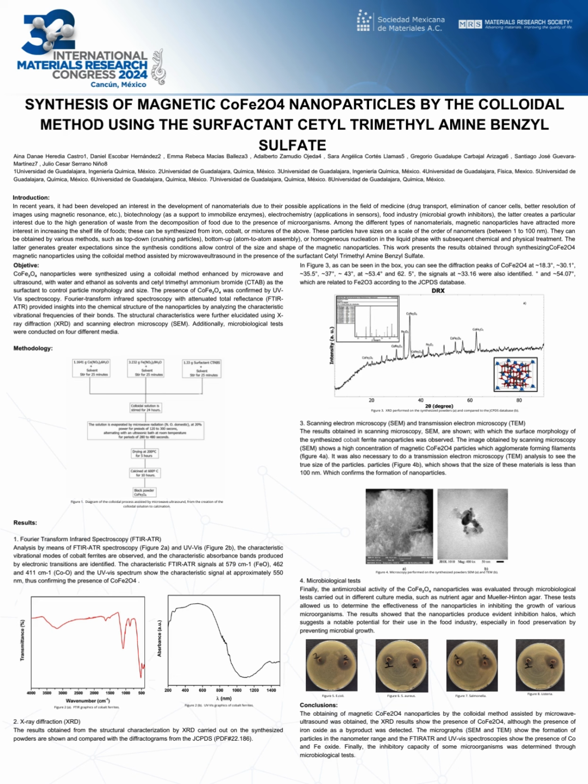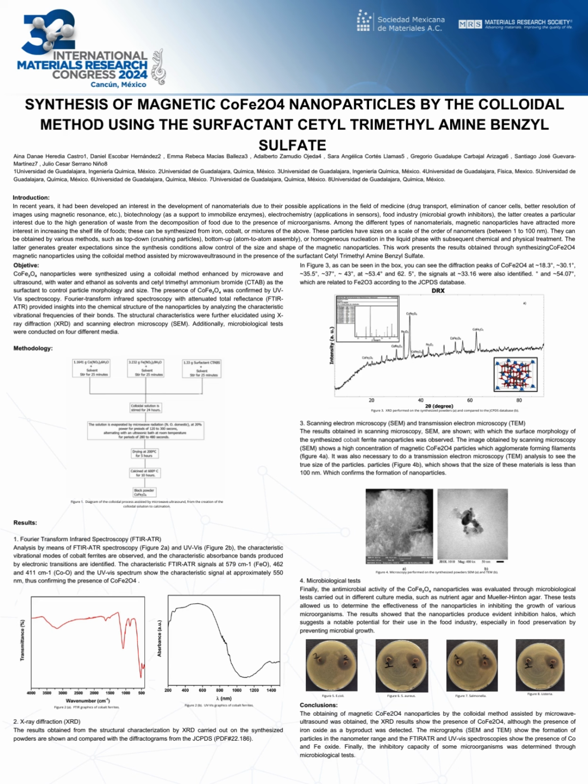The nanoparticles were synthesized using a colloidal method, which includes the following steps. First, an aqueous solution of cobalt and iron salts in a 1 to 2 molar ratio was prepared, to which the surfactant was added.